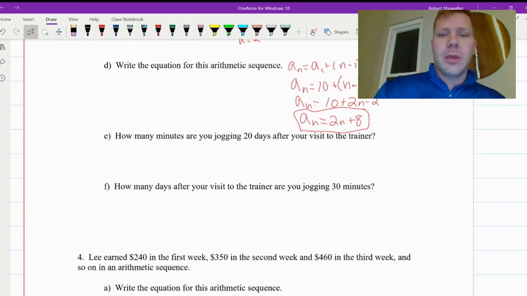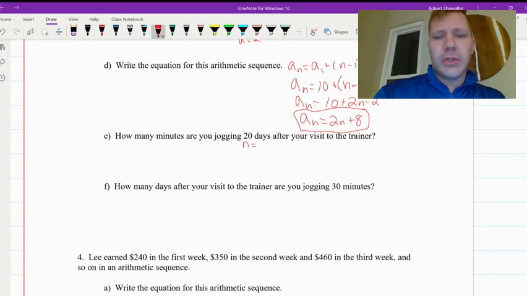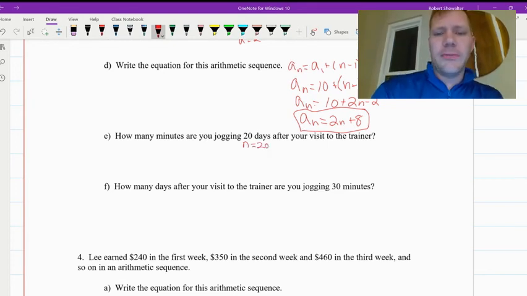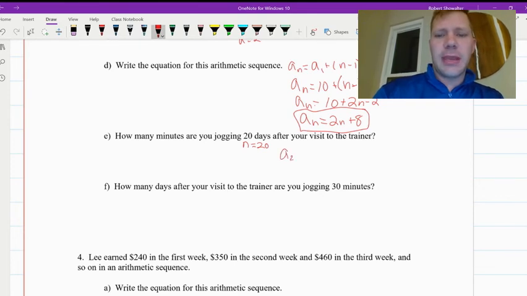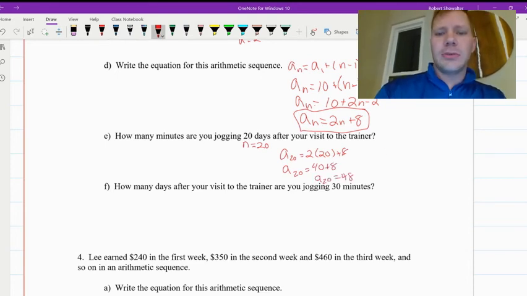So this would become n equals 20 for 20 days after the visit to the trainer. So we put that into our explicit form and we evaluate it. So a sub 20 equals 40 plus 8, a sub 20 equals 48. So 48 minutes of jogging.